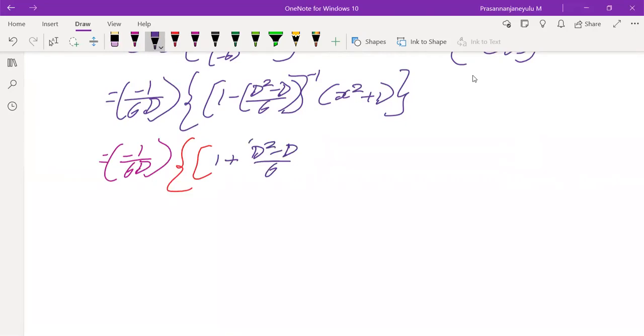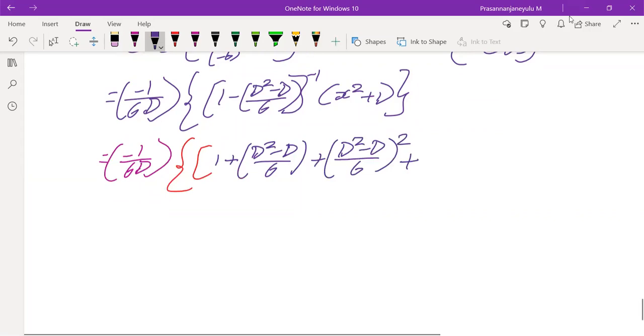Next term, can I go or not? Do we need to go for the whole square also? Yes or no? Do we need to go for the whole cube term? Yes or no? For that, sir, we have to do the rough work.